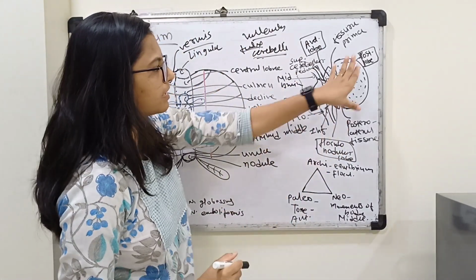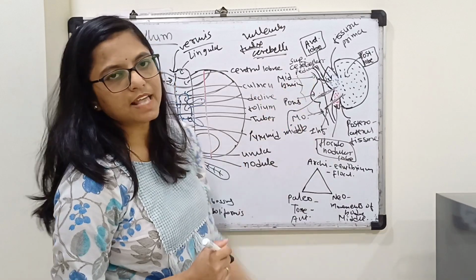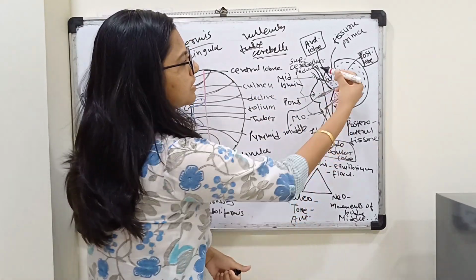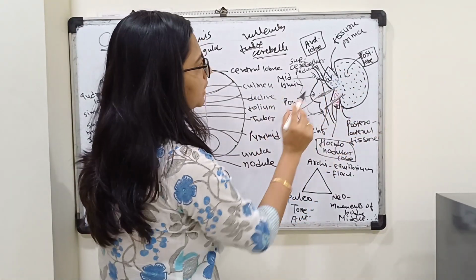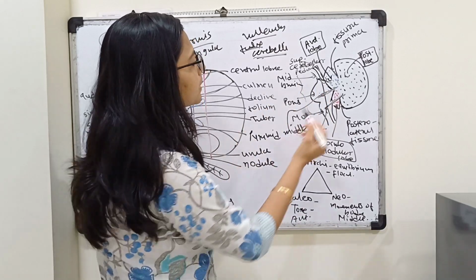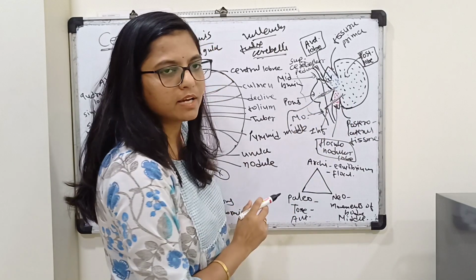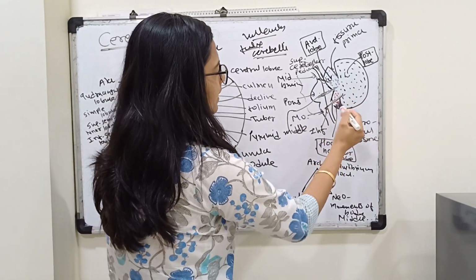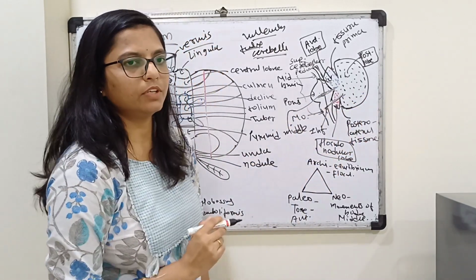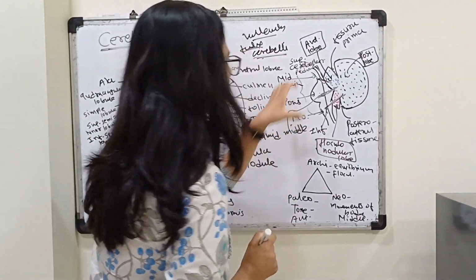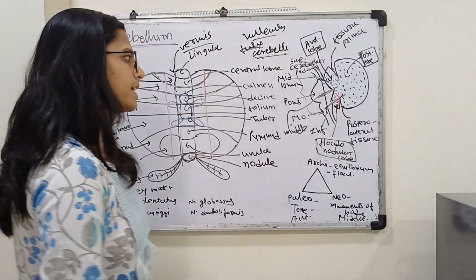The cerebellum connects with the brainstem through the cerebellar peduncles. With the midbrain through the superior cerebellar peduncle, with the pons through the middle cerebellar peduncle, and with the medulla through the inferior cerebellar peduncle. Okay, so this is about the connections of cerebellum.